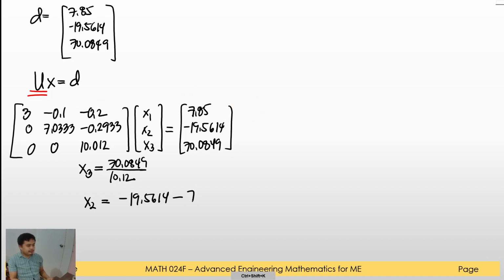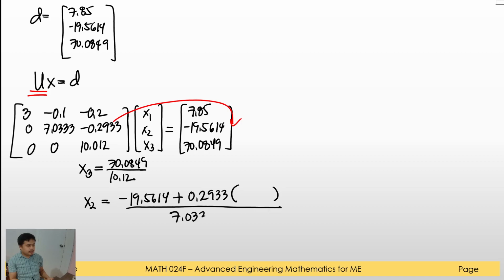So this will be negative 7.0. I think this one, no? This is correct. So sorry, this will become positive 0.2933 multiplied by x3 and then divided by 7.0333.